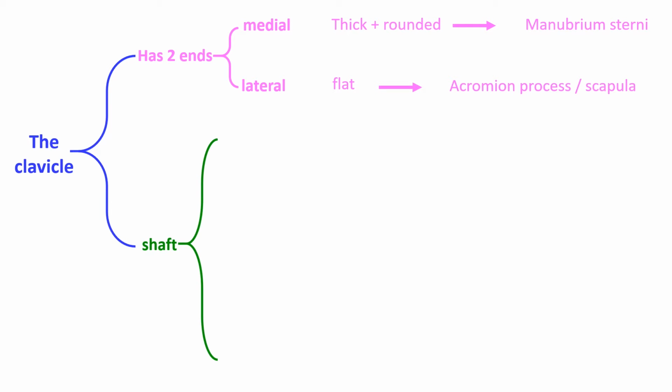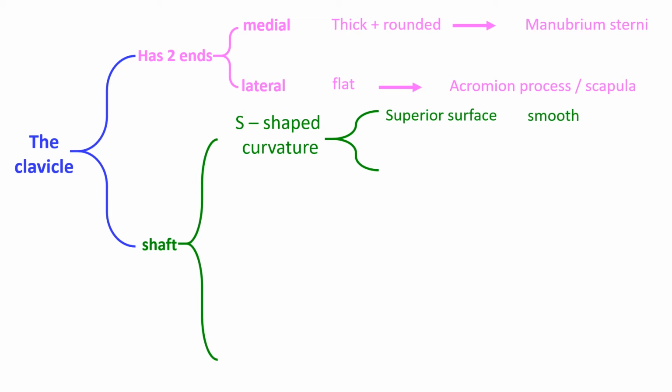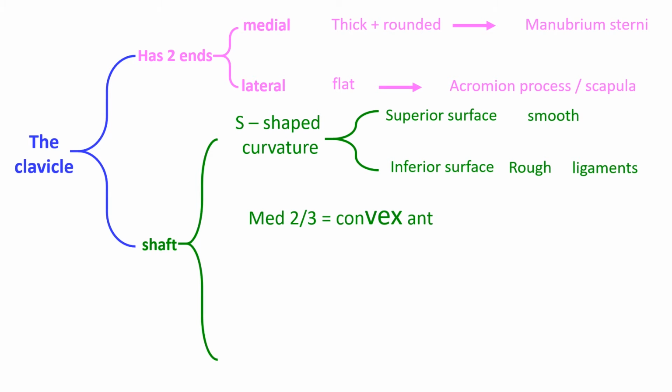Now the shaft has more information. It is an S-shaped curve, and this S-shaped curve has a superior surface which is smooth, while the inferior surface is rough for the attachment of ligaments.